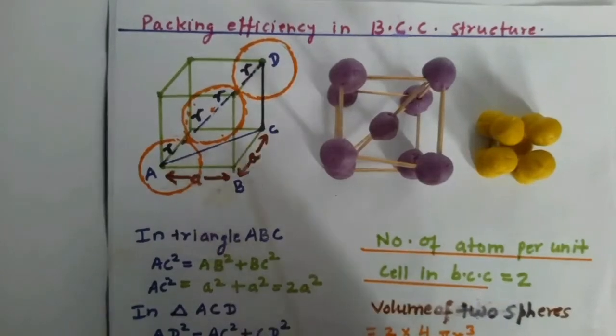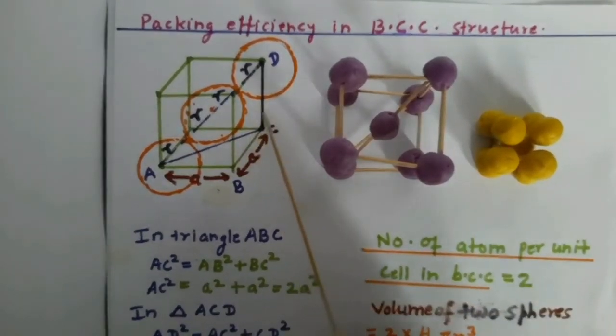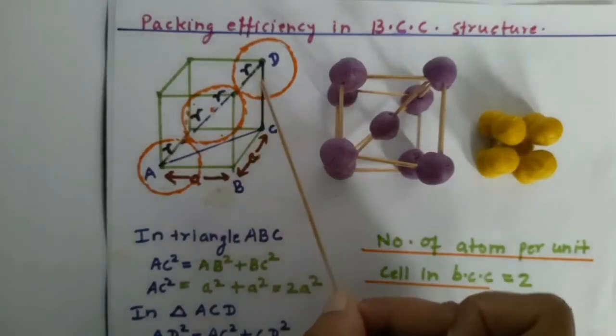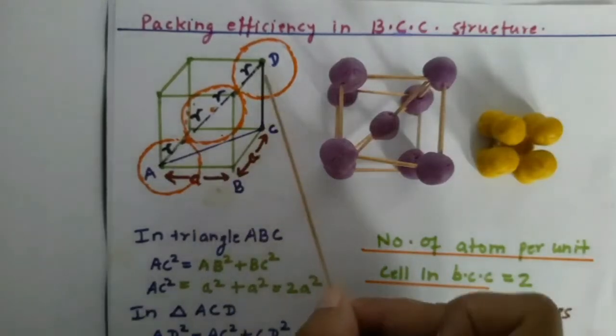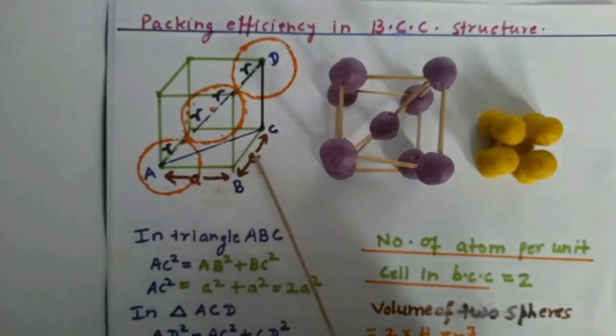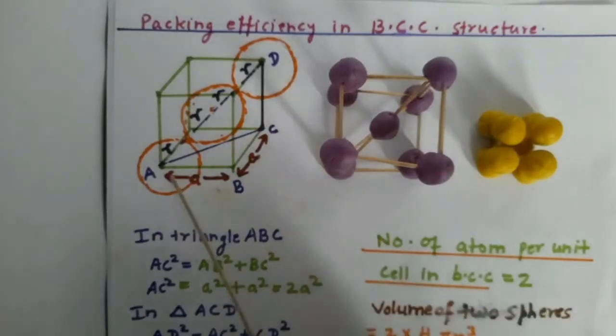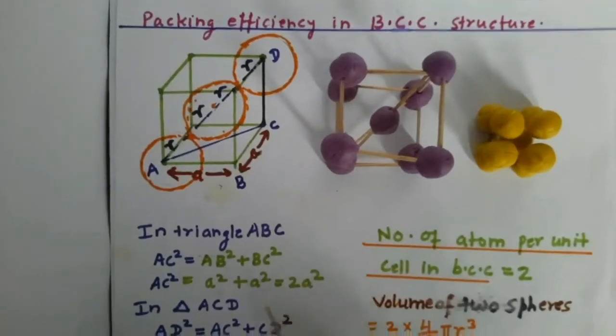So the angle ACD will be equal to 90 degrees. So this larger triangle ACD is also a right angle triangle, and AD is the hypotenuse. So in this triangle, AD square will be equal to AC square plus CD square. We have calculated AC square as 2a square.